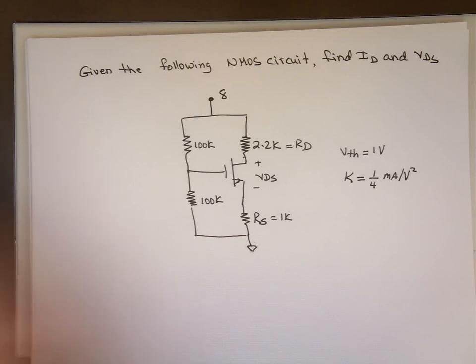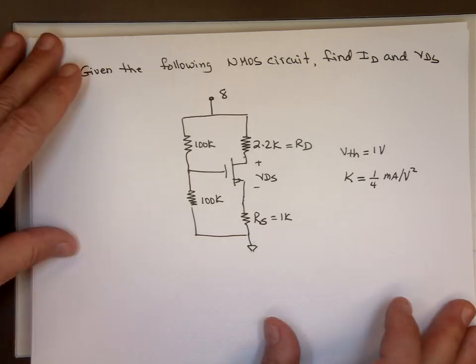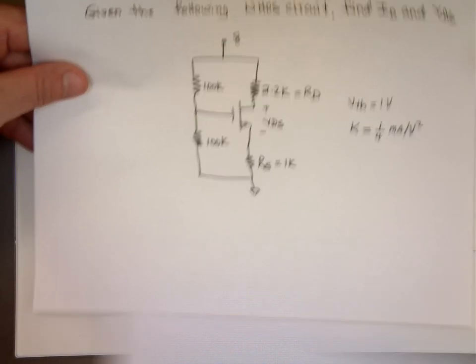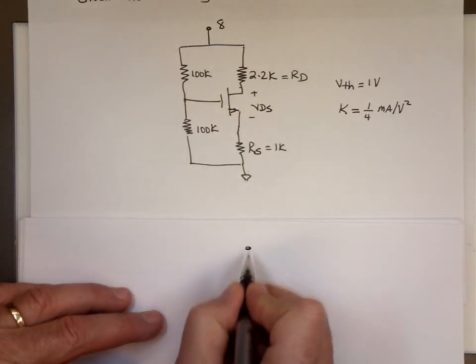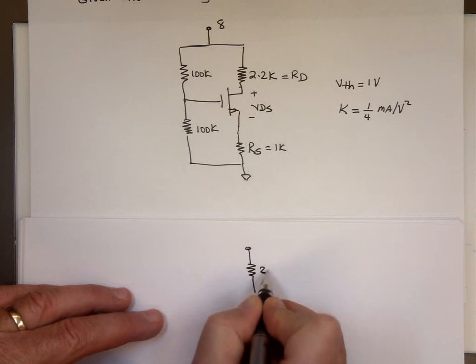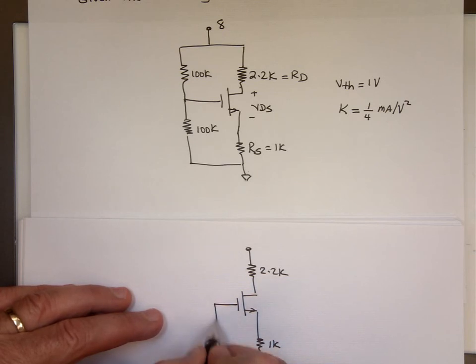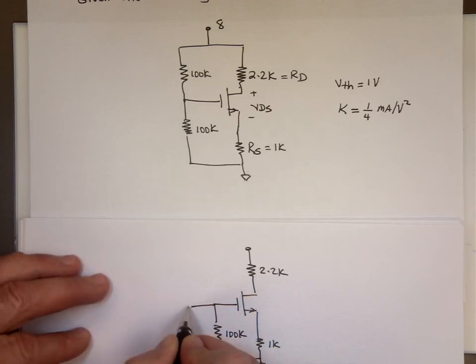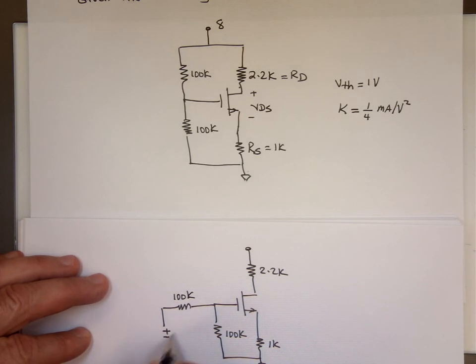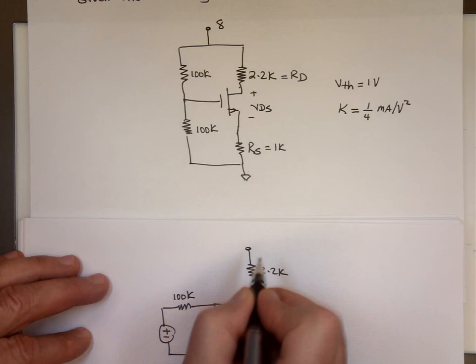If you don't like the way that circuit is looking, and some of you had a problem with that, you can redraw that circuit. You can actually take it and make it look like this: 1K, 100K, 100K, and a voltage source here of 8 volts.